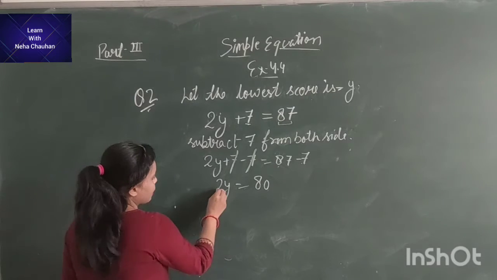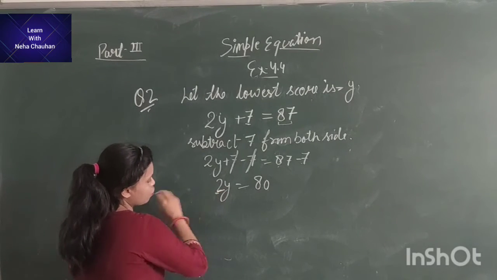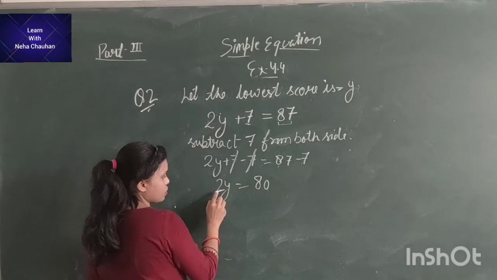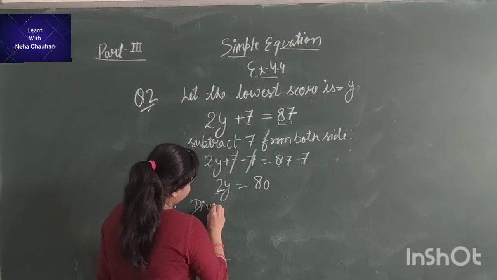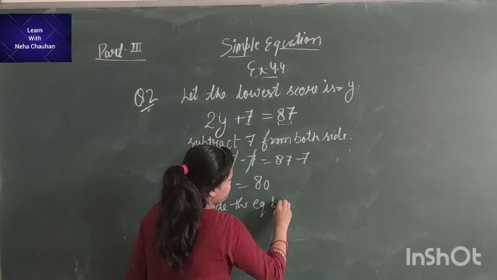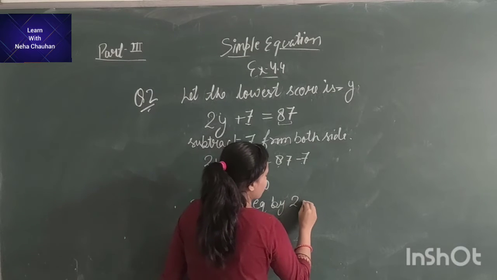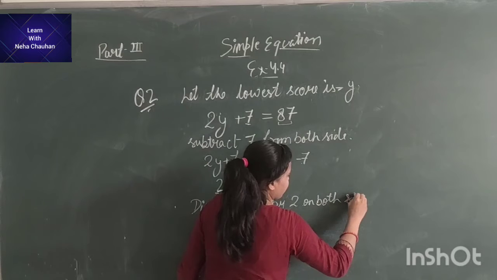Here 2 is also extra, so we have to eliminate 2 also by dividing, because here 2 is in multiplication. So divide the equation by 2 on both sides.